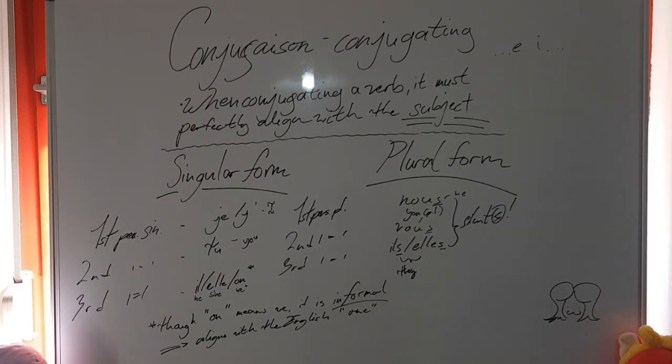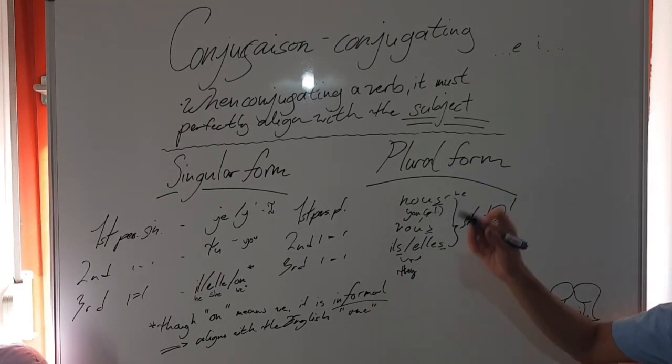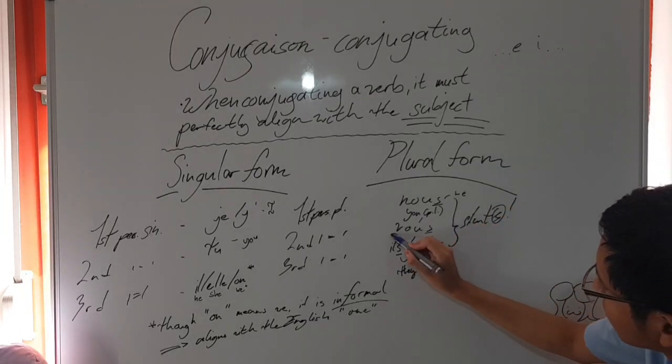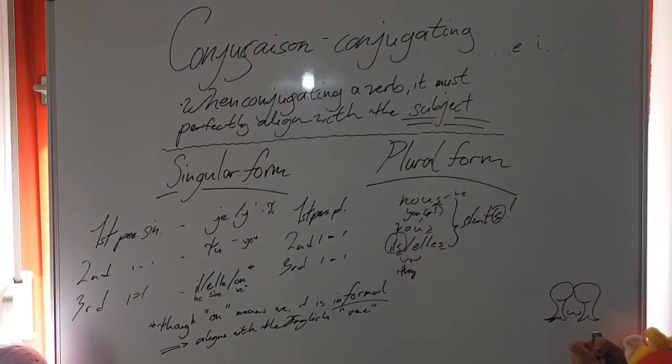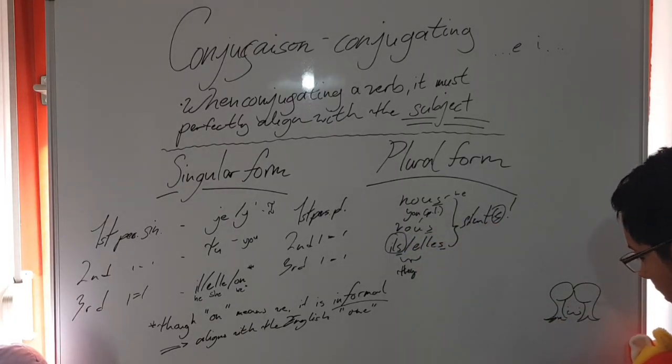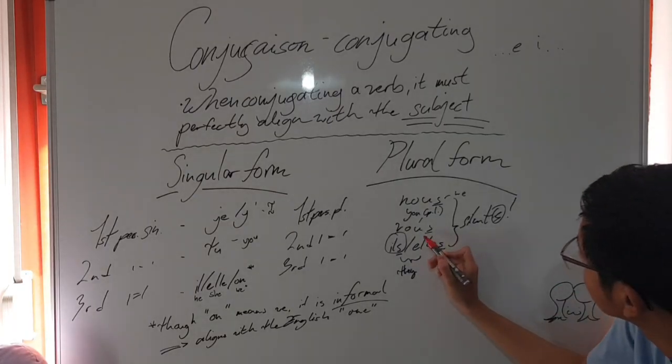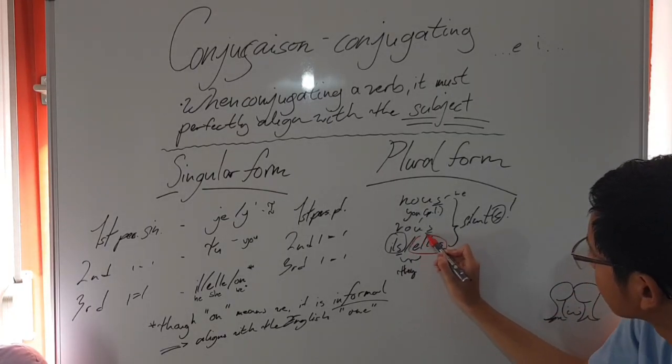In the third person plural, whenever you describe a group that is masculine, you use ils. I'll use color, where for masculine it's blue. Or whenever you describe a group that is entirely female, or feminine, you use elles. I'm going to use the red color.